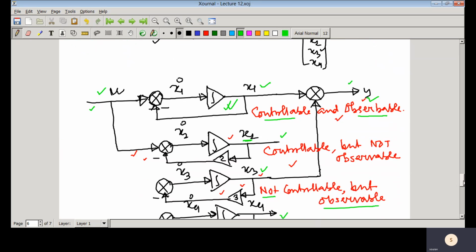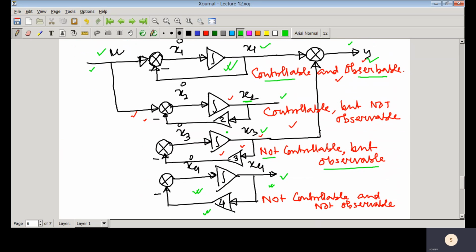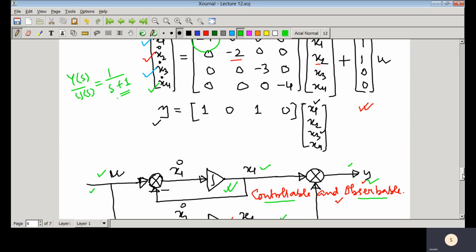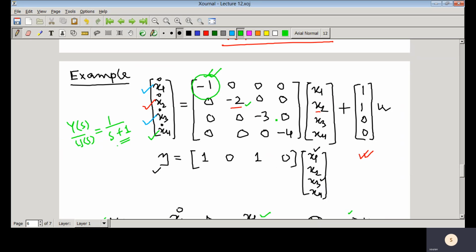The other modes are -2, -3 and -4, negative because of the negative feedback, which is reflected here as well. If you find the eigenvalues of that matrix, as it is a diagonal matrix, its eigenvalues would be -1, -2, -3 and -4.